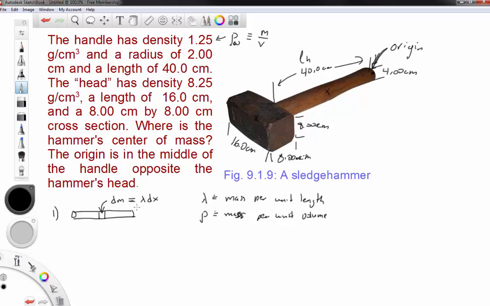And the reason why this is lambda that we want and not rho is because if the cylinder has uniform density, then from an end-on view, the center of mass for the cylinder should in fact be the very center of the handle.